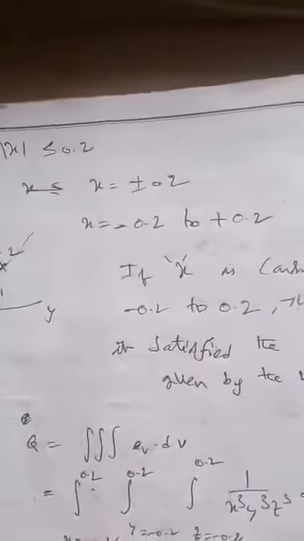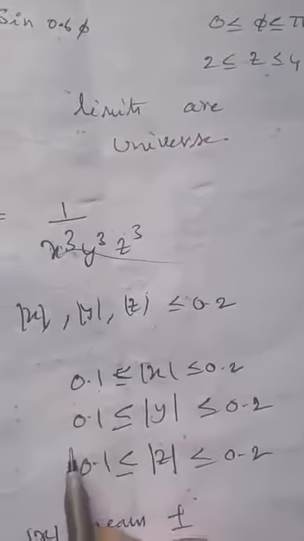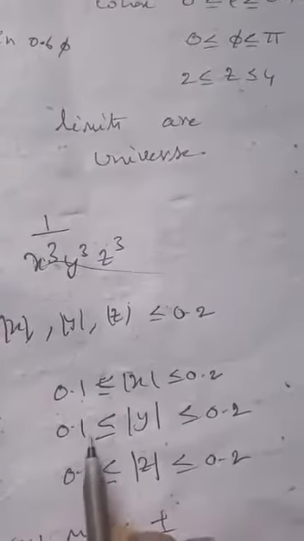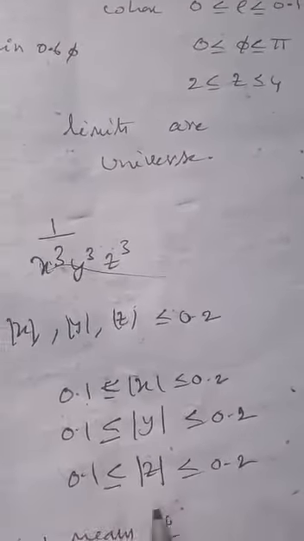Similarly, the same limits are given for all three: modulus of x from 0.1 to 0.2, modulus of y from 0.1 to 0.2, and modulus of z from 0.1 to 0.2.